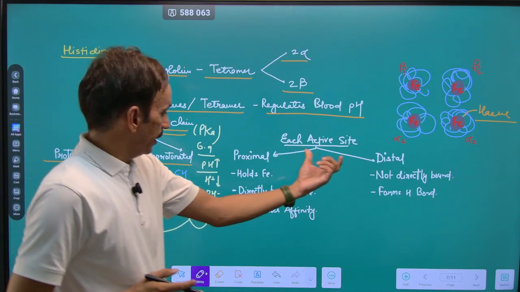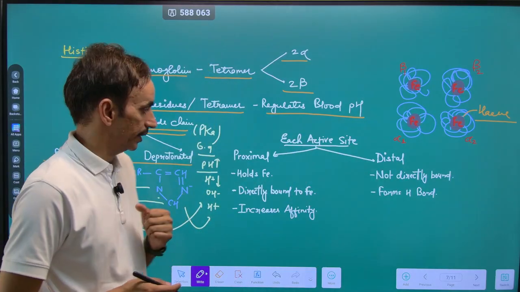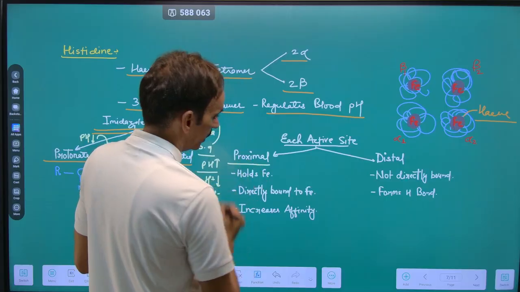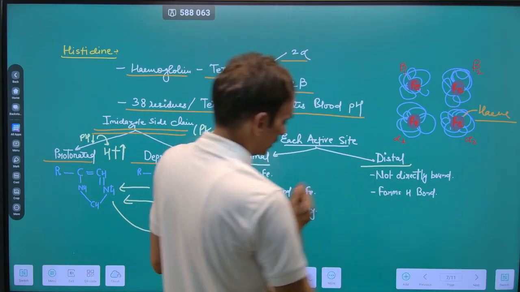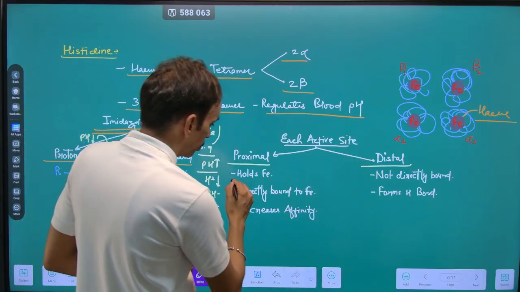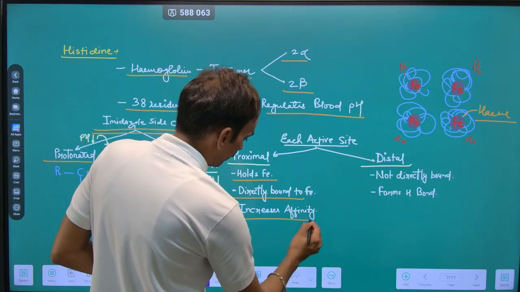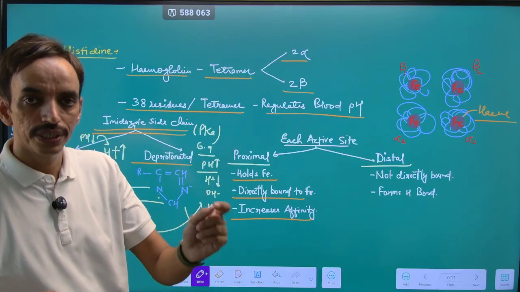Now, each active site of hemoglobin has two histidines. One is called the proximal histidine, the other is called the distal histidine. जो proximal histidine है, it directly binds to the Fe, it holds the Fe and it increases the affinity of hemoglobin towards the oxygen.